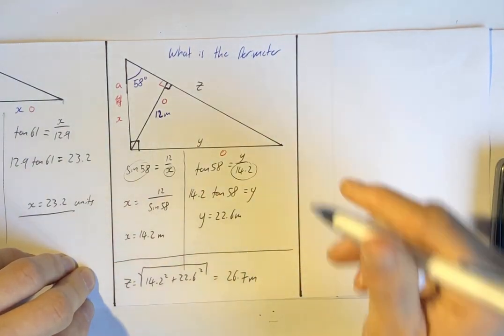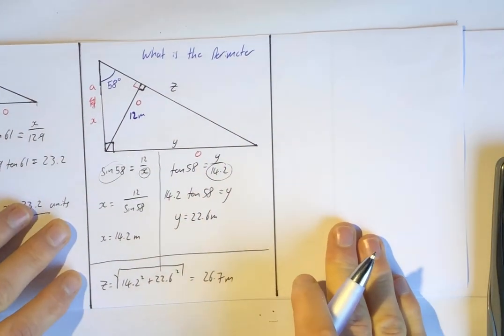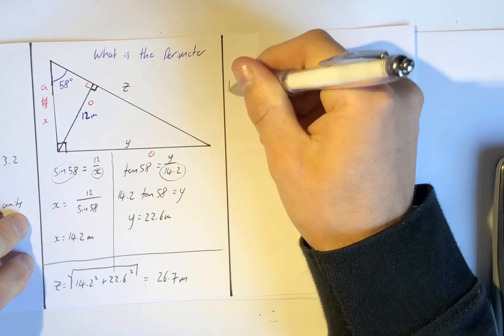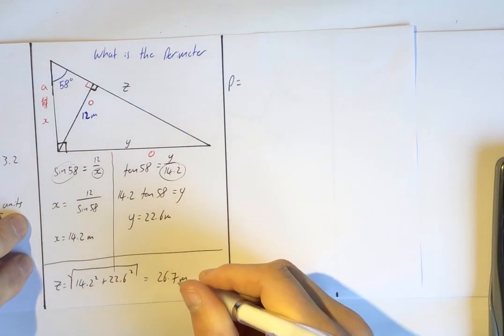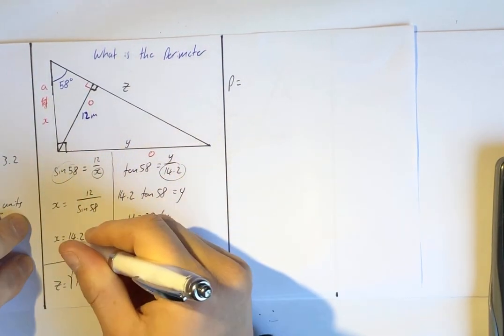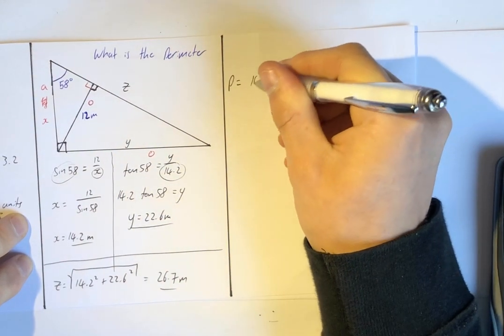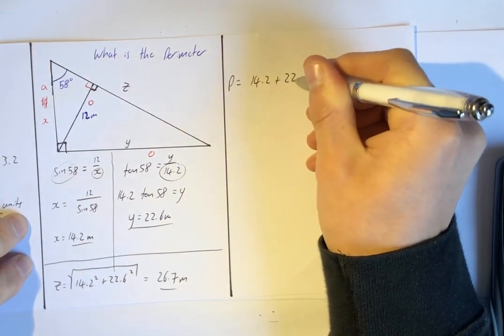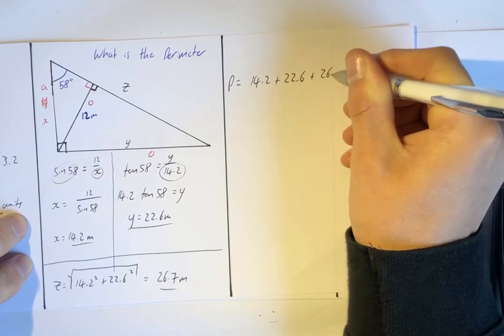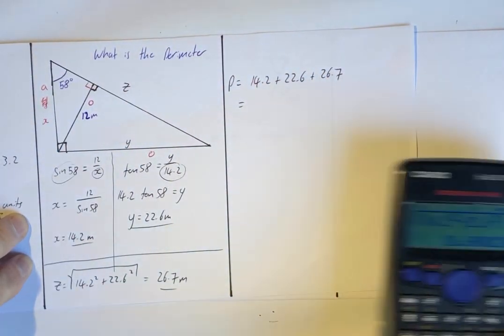meters. And so the perimeter, hopefully I'm in the shot still, is going to be those 3 sides added together. 14.2 plus 22.6 plus 26.7.